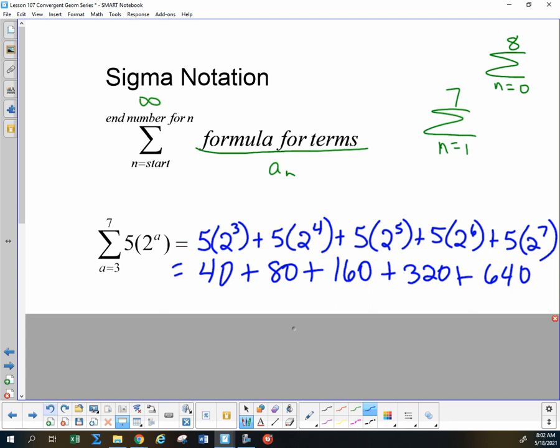And if we added those all together, we would get 1,240 because it's finite, it's got a sum, we can add it up. What kind of series is that, by the way? And probably the easiest place for you to look might be right here, that second line that I wrote out. Levi? It is a geometric one.